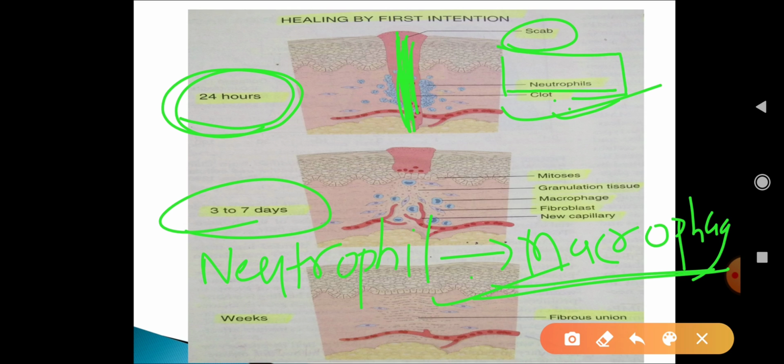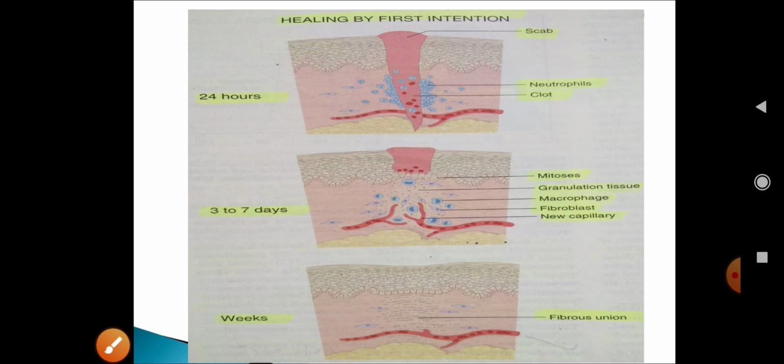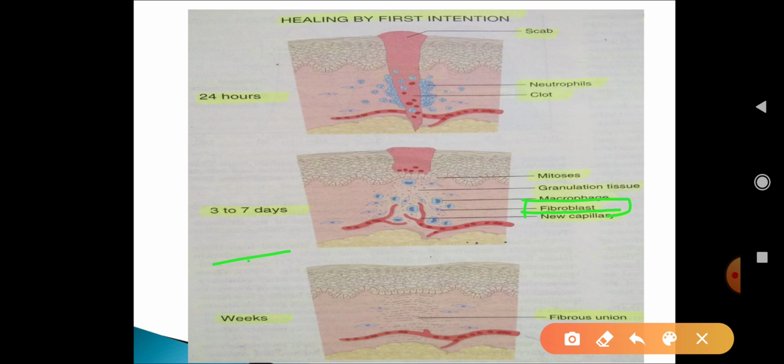Okay, now what happens? You are having chronic inflammation after 3 to 7 days, right? Additionally, the fibroblast will be activated to do the fibrosis. That is because of the elaboration of transforming growth factor beta and because of platelet derived growth factor.